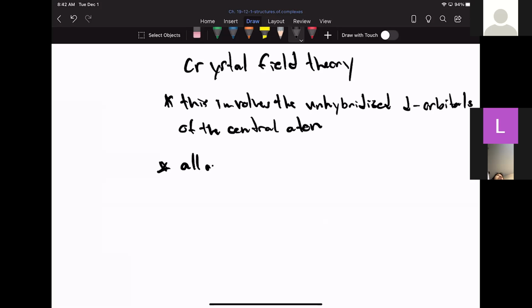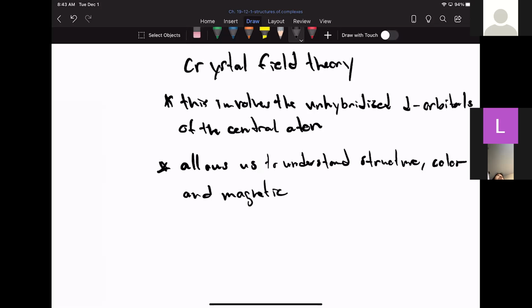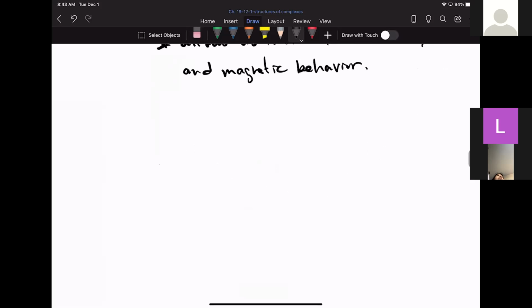So we'll write that down now. It allows us to understand structure, color, and magnetic behavior. Right.